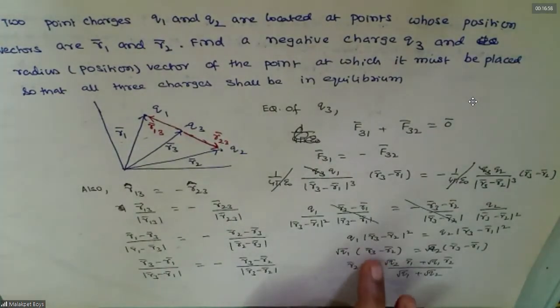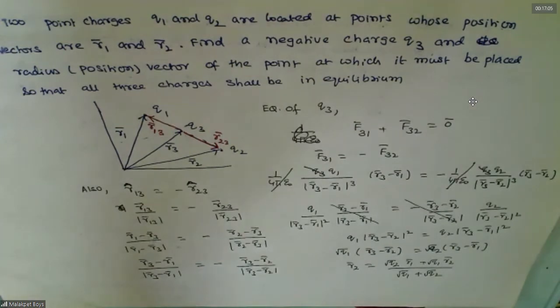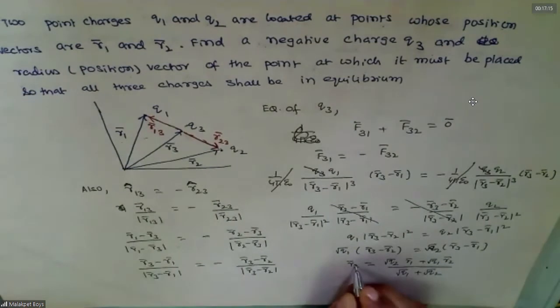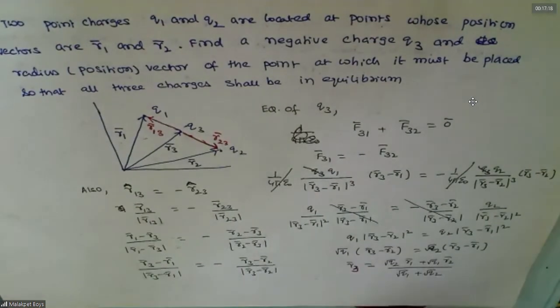Here, you should get this. One second. Yes, sir. This is R3. So sir, we need R3 and Q3. Yes, sir.